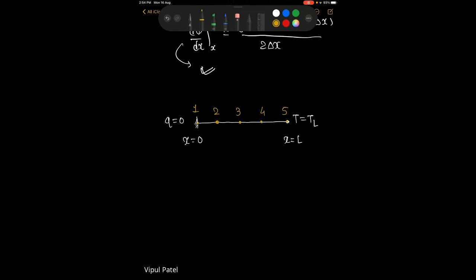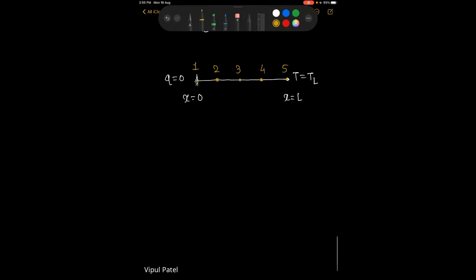Let's suppose we have a uniform grid spacing that is delta x everywhere. First of all you need knowledge of the governing equation. For this particular problem, our governing equation is d by dx of k dT by dx, equal to 0.